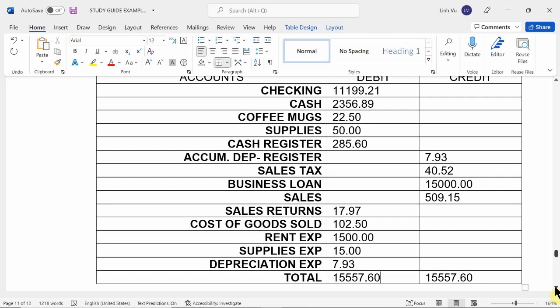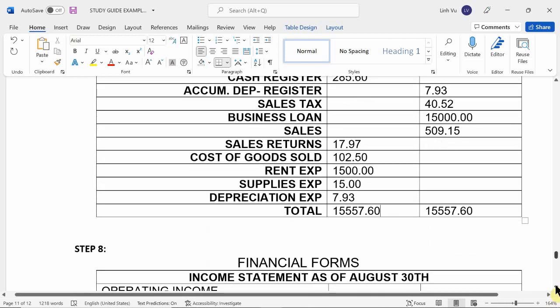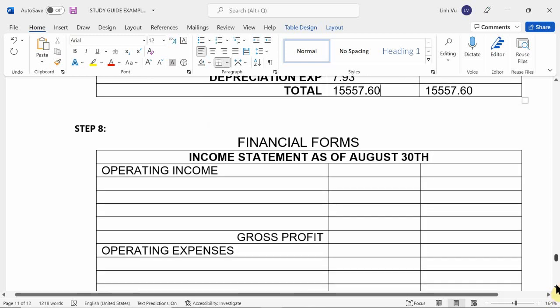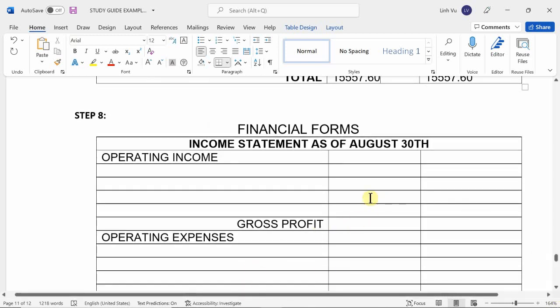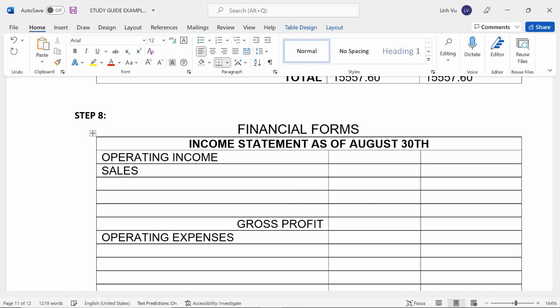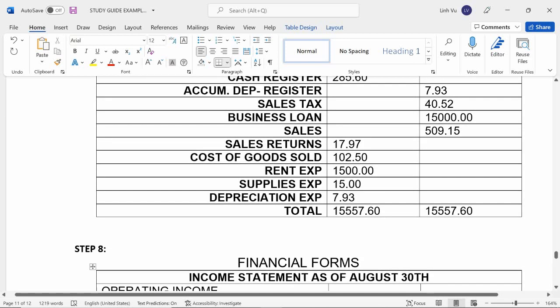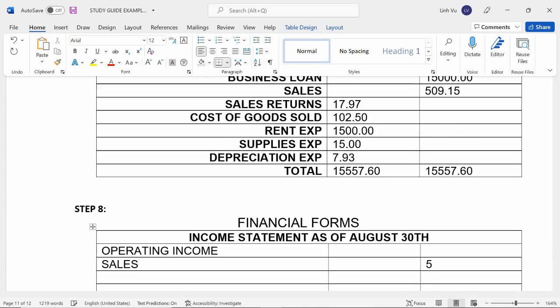So starting out with the income statement, that deals with your sales. We've got to figure out what was your operating income. I have sales. My sales gave me a grand total of $509.15.